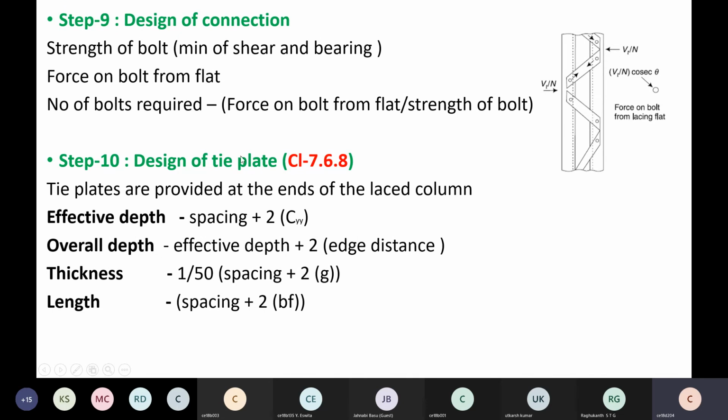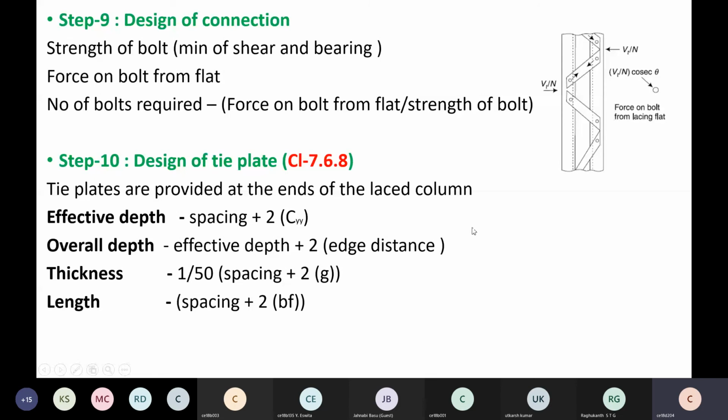Now we'll go for the design of the tie plate. The entire design is provided in 7.6.8. This tie plate will be designed as a batten itself. So the effective depth will be spacing plus 2 times CYY. We already know CYY, and we got the spacing as 183.5 mm. To get the overall depth, you do effective depth plus 2 times the edge distance.